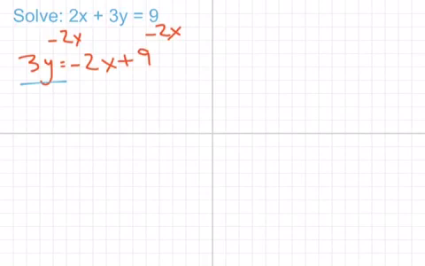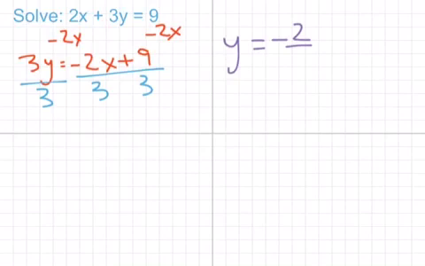Then let's divide by 3 on both sides. Y equals negative 2/3 x plus 3.